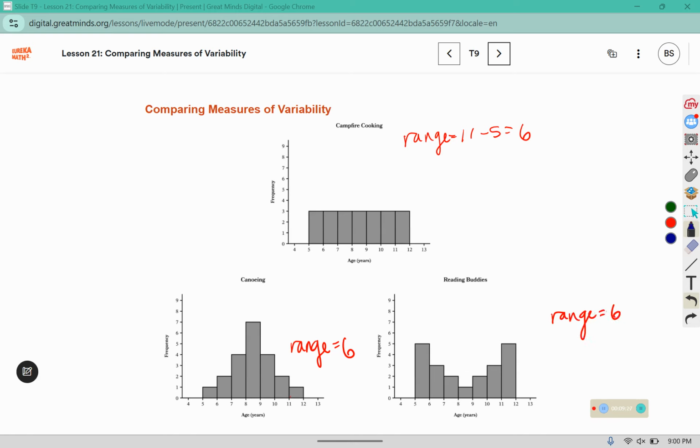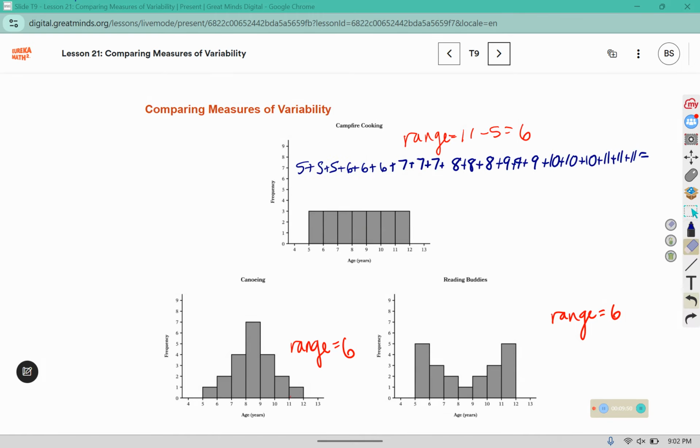Then we need to find the mean. For the mean, you're going to add up the data values and divide by how many there are. There are 3 5s and 3 6s, 3 7s, 3 8s, 3 9s, 3 10s, and 3 11s.